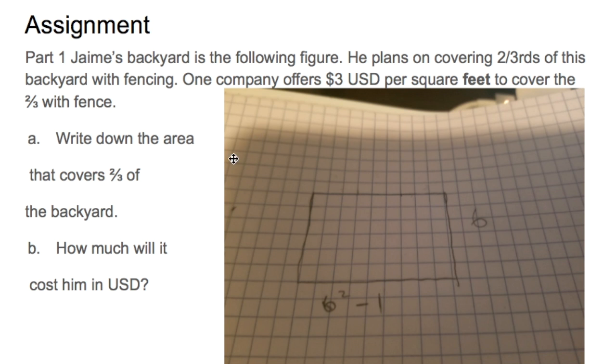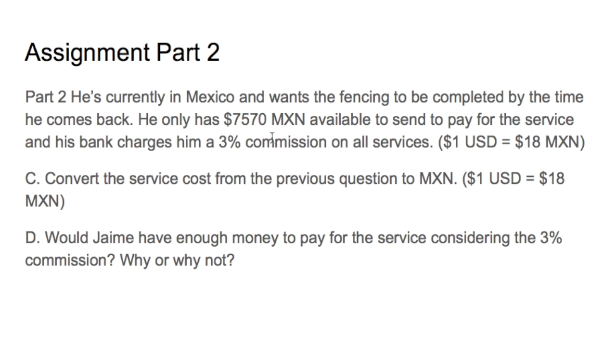So once you get all this, you would want to read this, and it says he's currently in Mexico and wants the fencing to be completed by the time he comes back. But he only has 7,570 Mexican pesos available to send for the service, but the bank charges a 3% commission on all services.